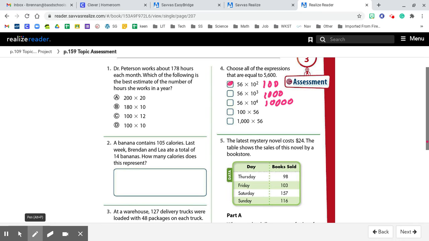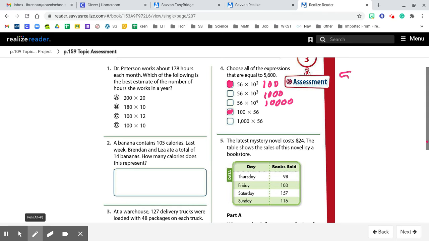So that works. 56 times 1,000 would be 56,000, so that would be a no-go. 56 times 10,000 would be 560,000, so that's not good. And 100 times 56 would be, that's good, 5,600. And 1,000 times 56 would be 56,000, so that wouldn't be good. So we only have two answers on that one.